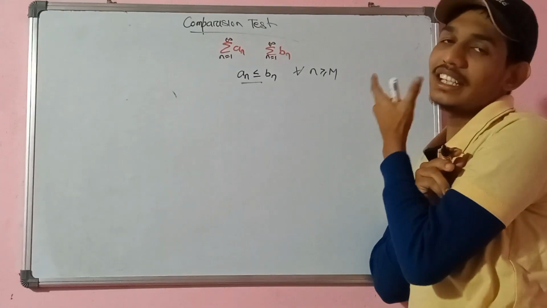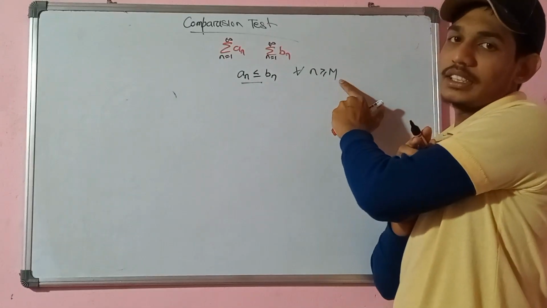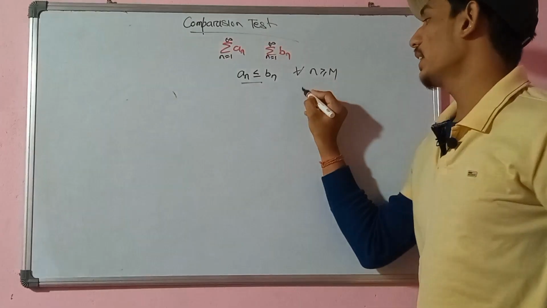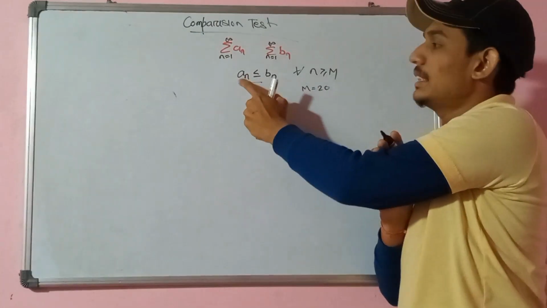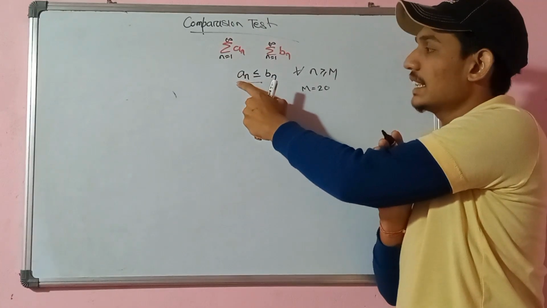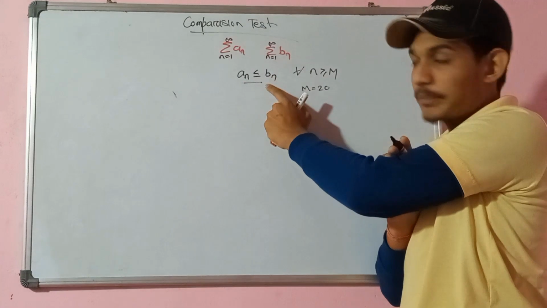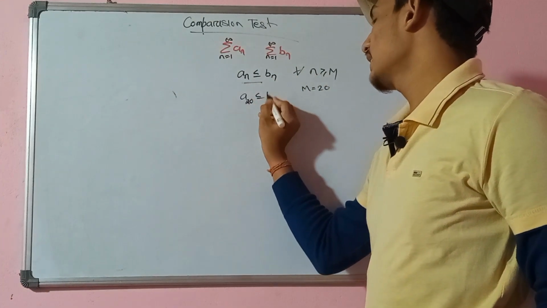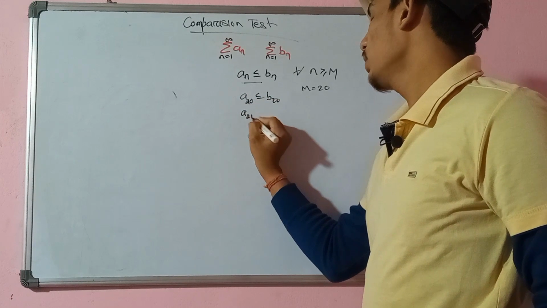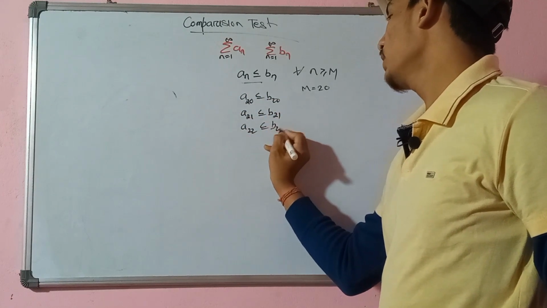I also explained this in one of my previous videos. Suppose my m is 20. That means every term of this series is less than or equal to the corresponding term of this series after all n greater than or equal to 20. That means a20 is less than or equal to b20, a21 is less than or equal to b21, a22 less than or equal to b22.